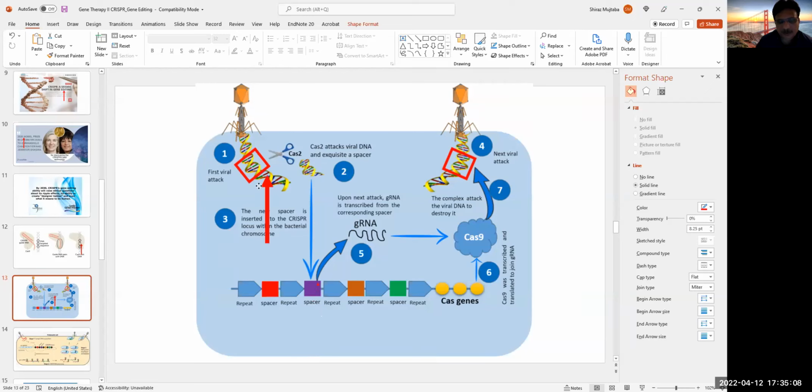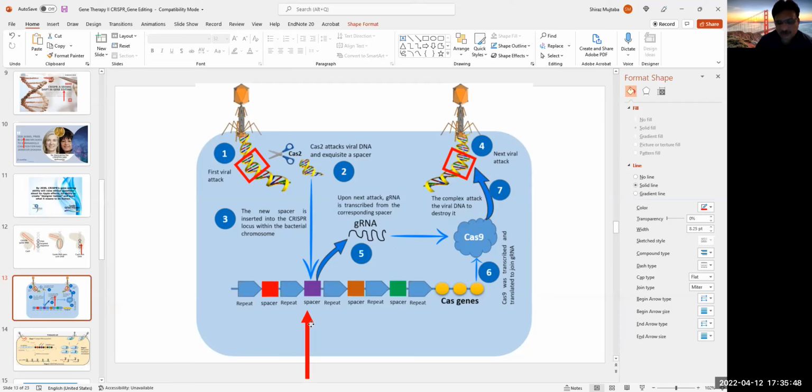These are called spacers. Now what happens when the same virus attacks the bacteria again? This spacer generates an RNA. This RNA goes and binds to Cas9. Cas9, as I mentioned, is an RNA binding protein. So this Cas9 and this RNA is called guide RNA. This Cas9-RNA complex goes and recognizes the bacteriophage: hey, you entered again, we need to destroy you.